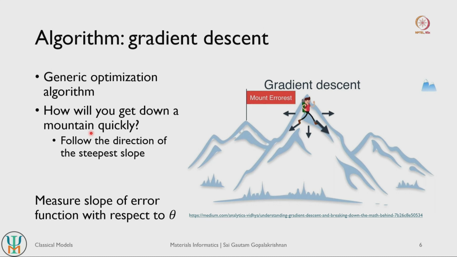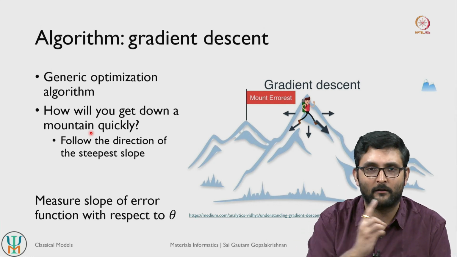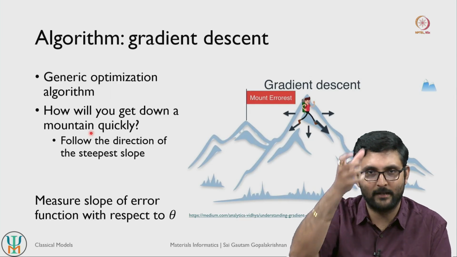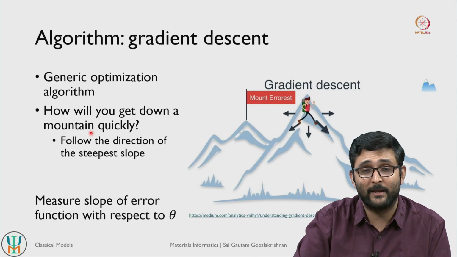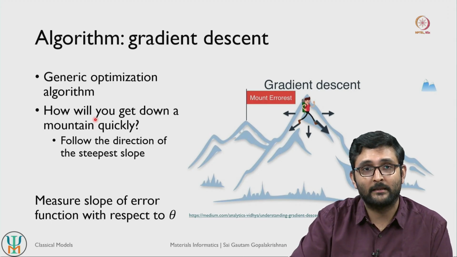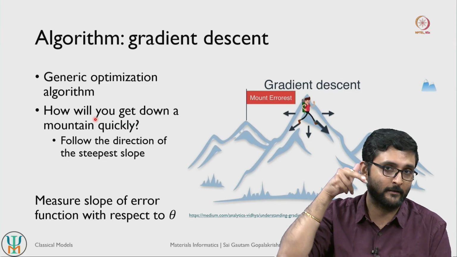You could say that the safest way to get down a mountain is to loop around the mountain like a corkscrew. Go slowly in steps, and that will bring you down the mountain, but you may have to spend a lot of time walking around that mountain. But the fastest way to actually get down the mountain is to identify the steepest slope of the mountain and then walk along it.